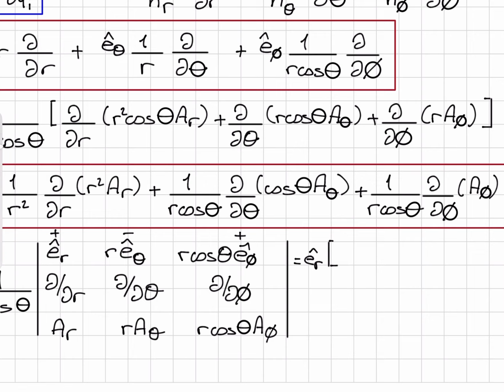So we have del del theta of r cosine theta A phi minus del del phi of r A theta.